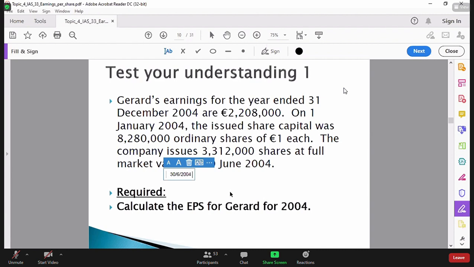So at 30th June 2004, you calculated the number of shares, and then you multiply. Just now you said you times with 6/12, right? Yes. Nampak ke tak nampak all of you? Nampak, madam.